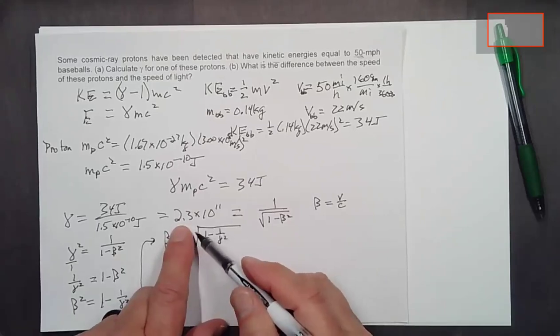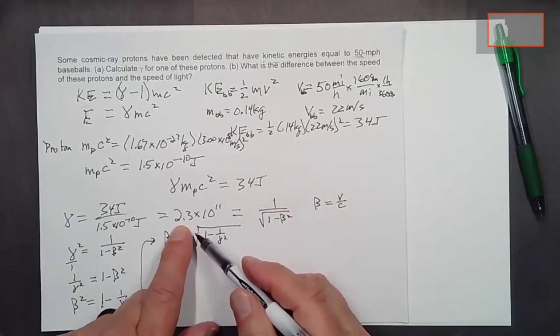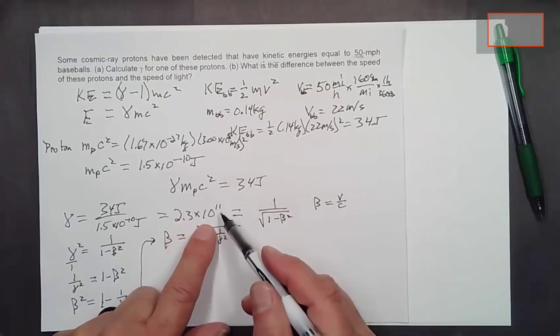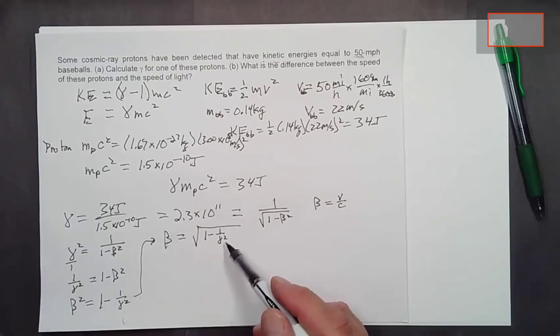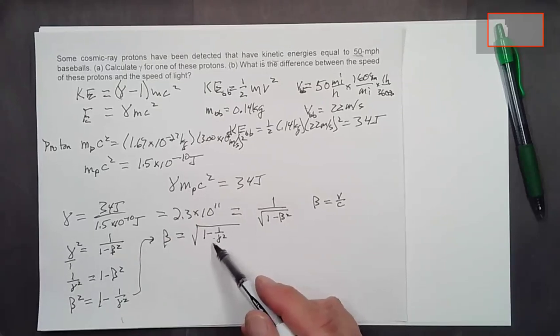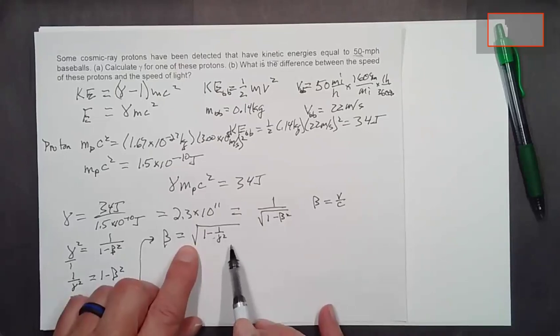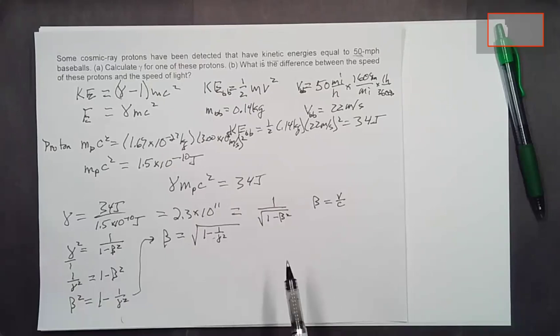Now, gamma is a pretty big number. Gamma squared would be something like, I don't know, 5 times 10 to the 22nd. And 1 over gamma squared is going to be pretty darn small compared to this 1. So at some point, we're going to expand on this square root, but not just yet.